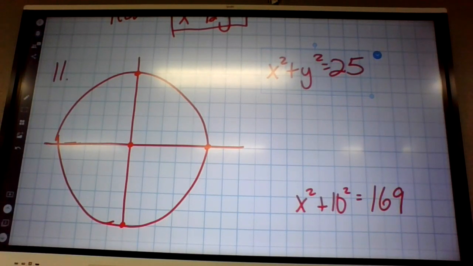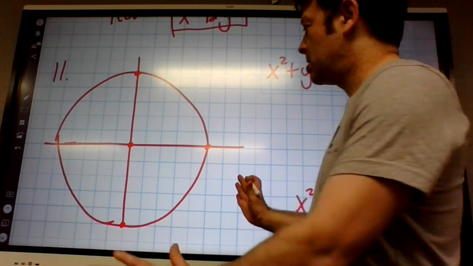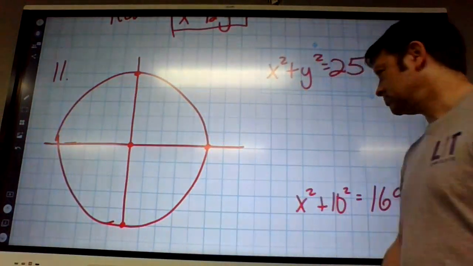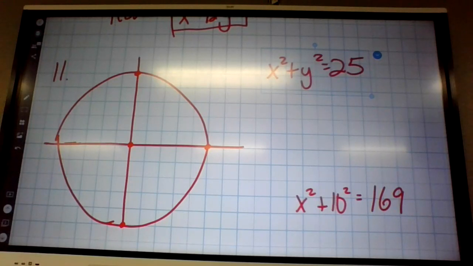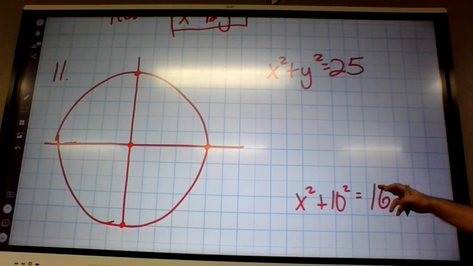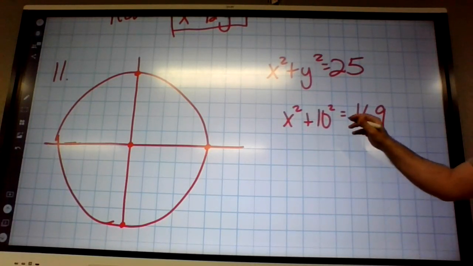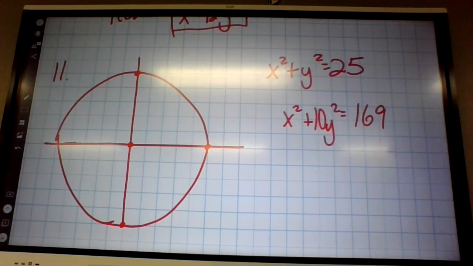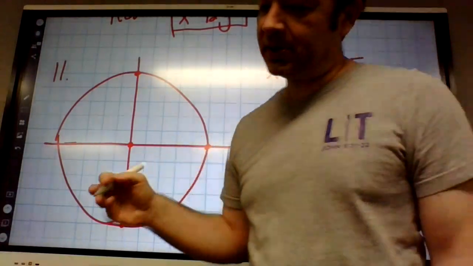It's kind of like an apple. Wider up top and narrower at the bottom. Oh, I think I forgot my y squared. Alright. About this guy. Pretty sure that's what it was supposed to be.